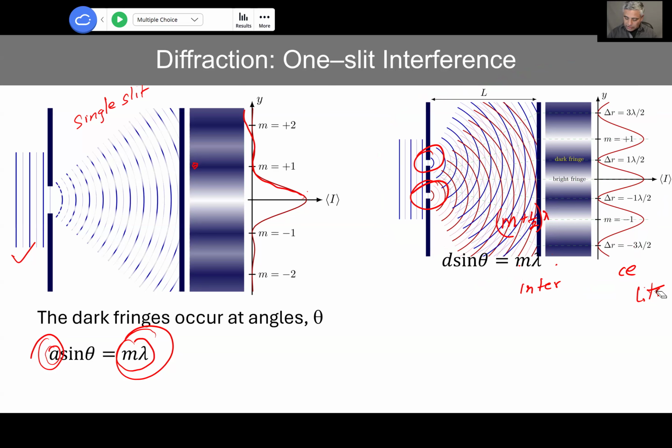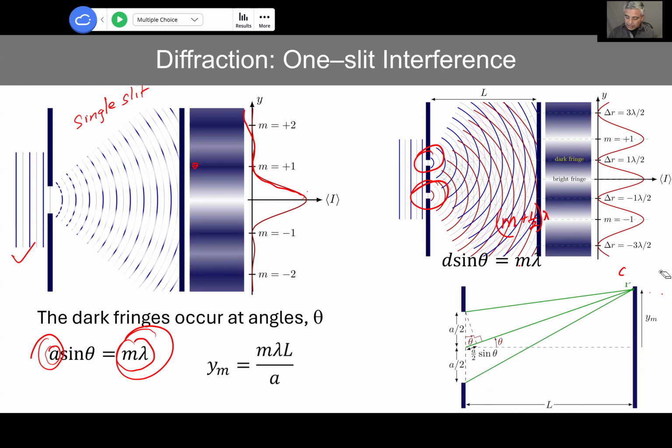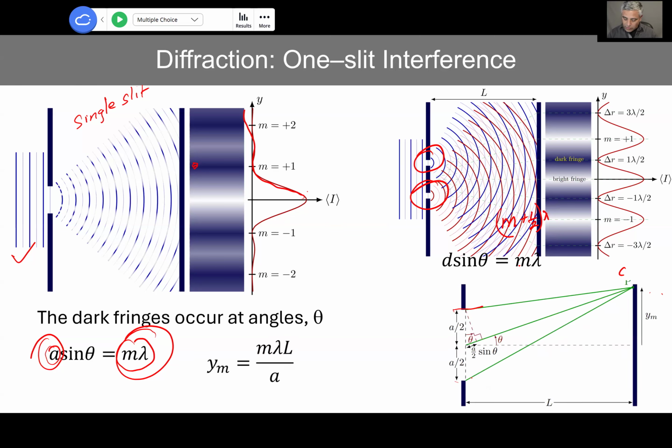And I think I have another drawing here to go with this. Okay. So you see, this is the opening we're talking about. So now, if we were to divide this into two portions and think about light coming from one slit here, another slit over there, then this distance d would be just a over 2, right? d would be a over 2. So what that means?